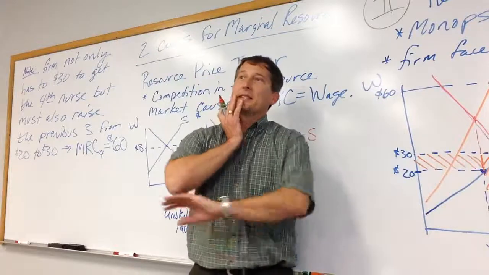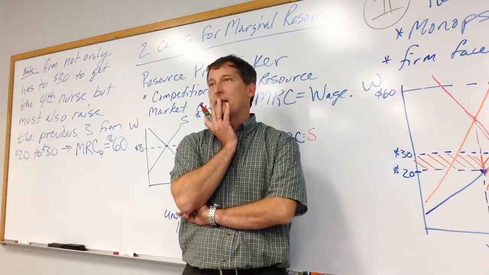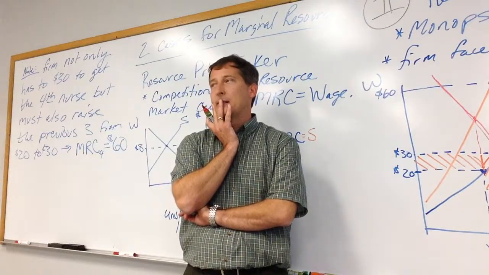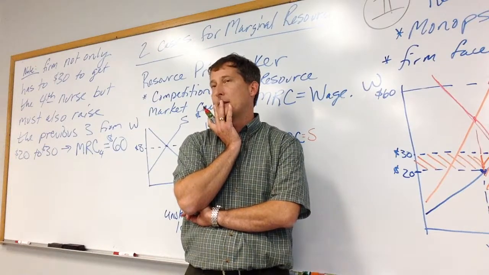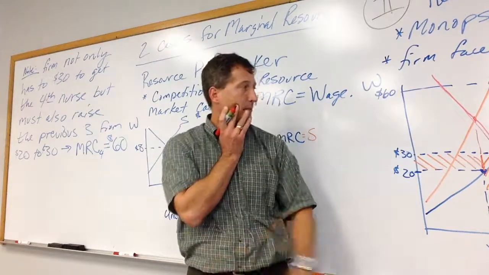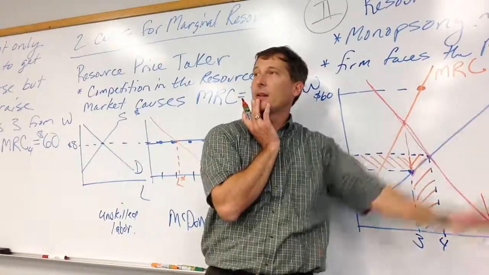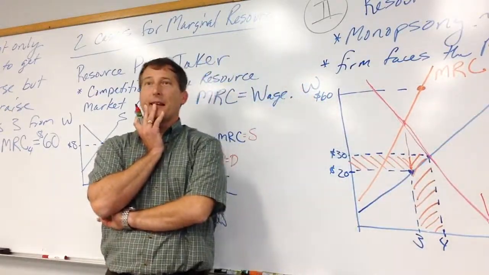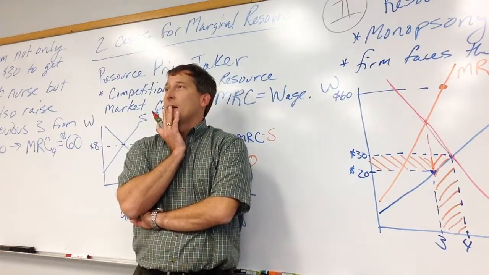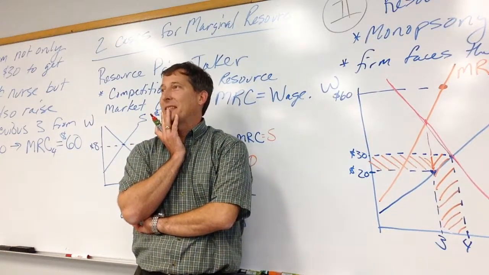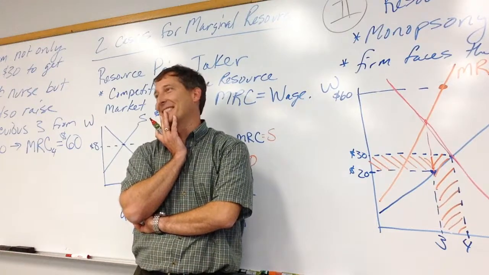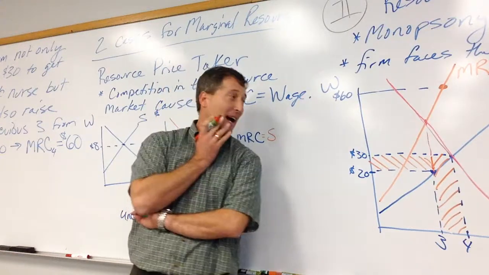How many nurses is the hospital going to hire? Four. Supply equals demand. Everybody on that? Joe, did I see a head shaking? I hope it is, because you're right.